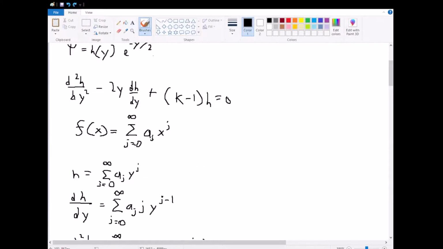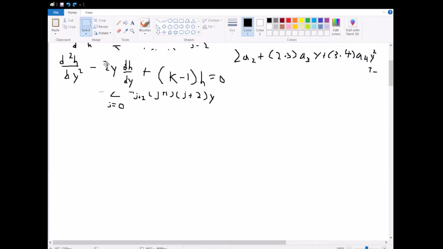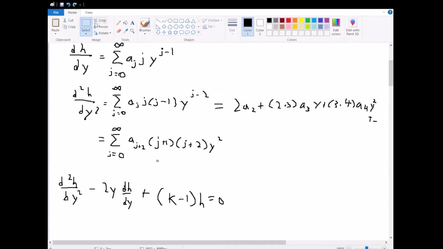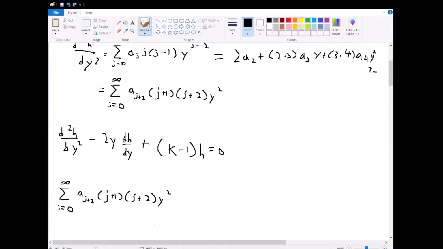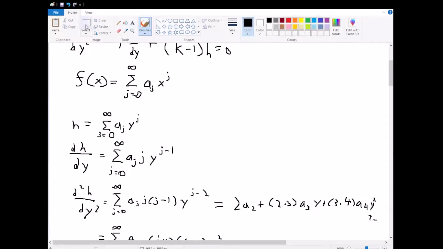So let's plug everything back in. What this is going to give us is an initial summation for this. And then we're subtracting 2y multiplied by dh by dy, which is this summation term.